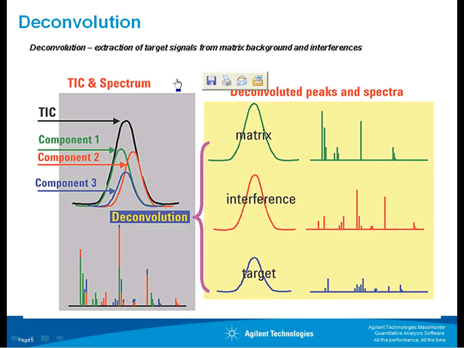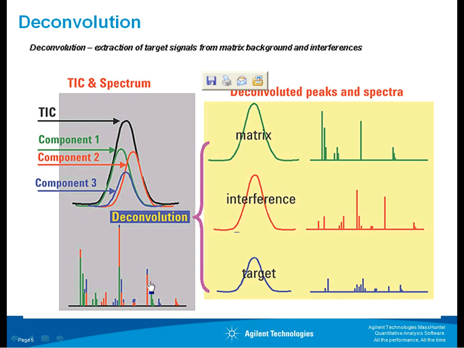Here's another illustration which shows the TIC and the components underneath. And you can see from this illustration that the spectra can have contributions from several components at the same ion. And as is often the case, there's matrix background in these chromatograms, and that can contribute to the peak, as well as interferences, as you can see, that could contribute to the peak.